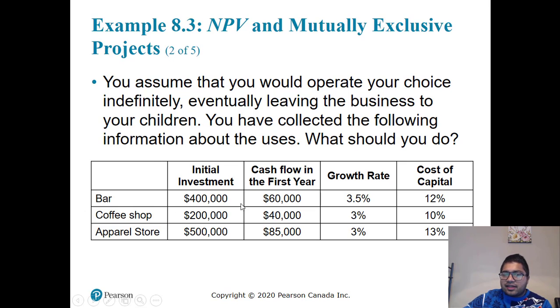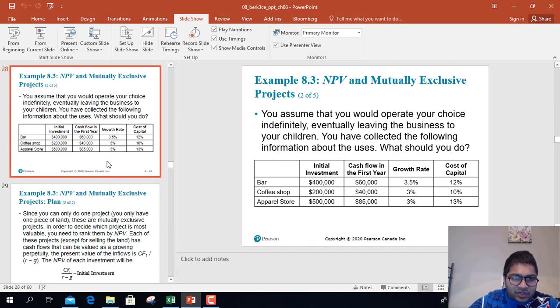The bar requires an initial investment of 400,000, and it will keep on generating cash flow of 60,000. Cash flow grows at 3.5%. Cost of capital is 12%. Coffee shop: 200,000 outflow, 40,000 cash flow, growth rate 3%, and cost of capital 10%. An apparel store they have given as well. Now how to solve this?